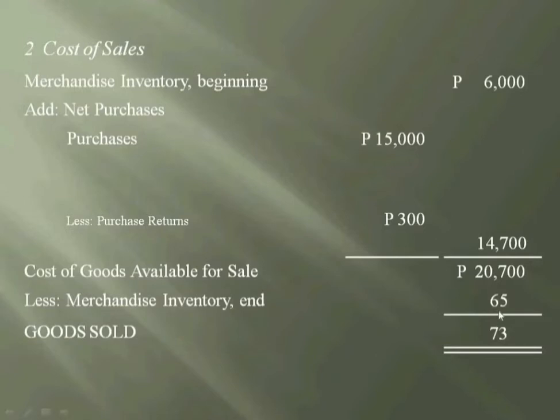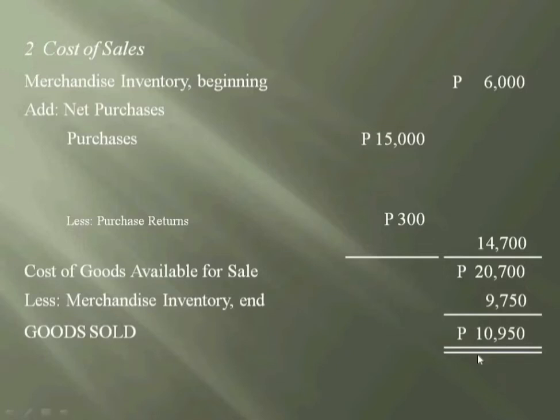Merchandise inventory end must be 65 bars multiplied by 150 pesos equals 9,750. Deduct merchandise inventory end of 9,750 from the cost of goods available for sale of 20,700 and we get 10,950 worth of goods sold.